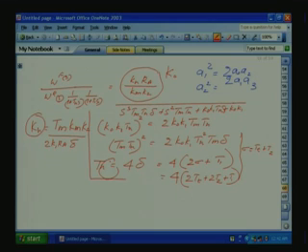Now, let us substitute this back into the equation and simplify it. Let us go to the next page.